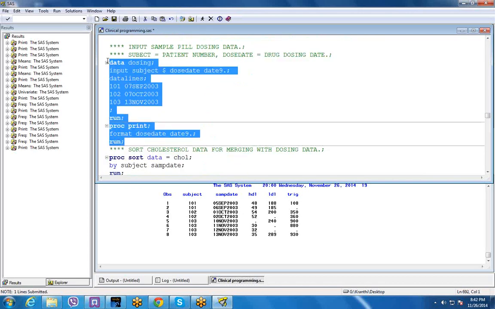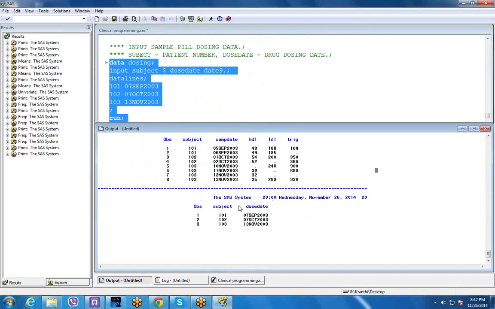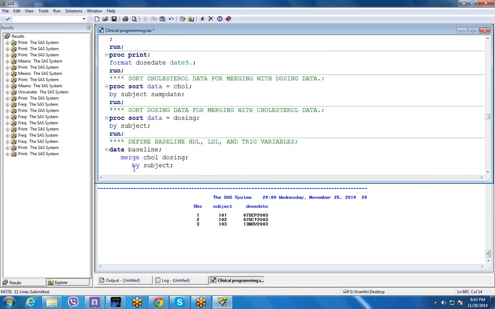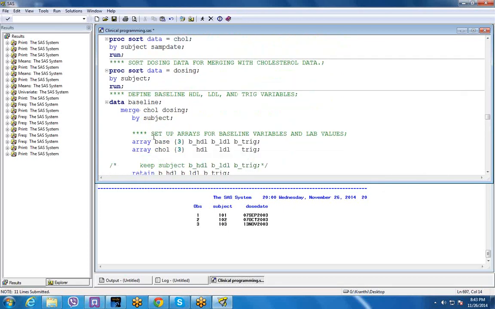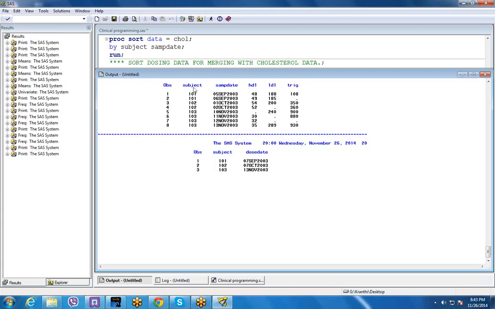This is the dosing date, the dose given to the patients. These are the sample values. Then this is the dose given date. Now tell me, which one will you consider as the baseline?